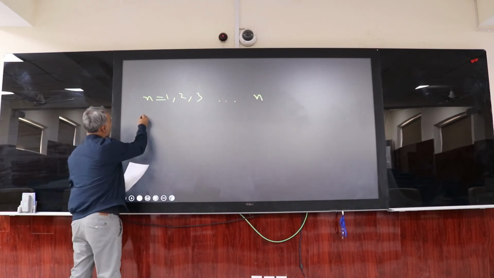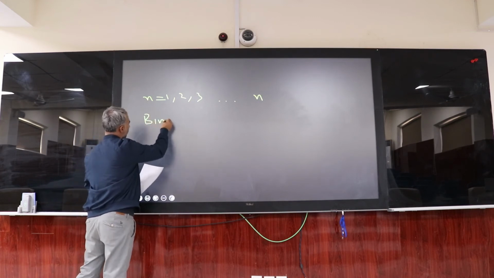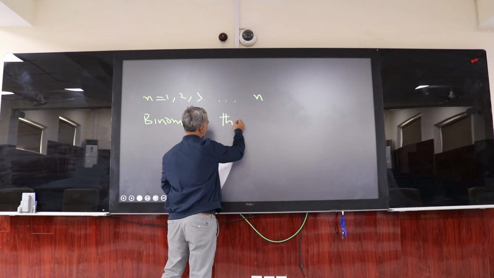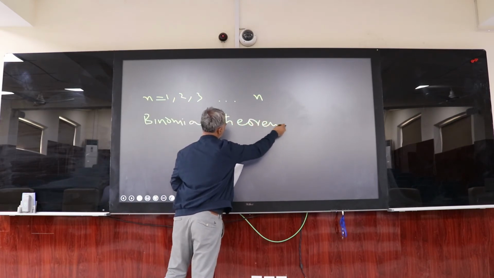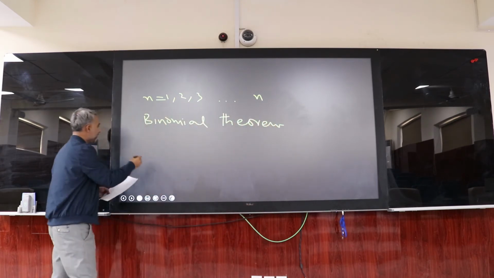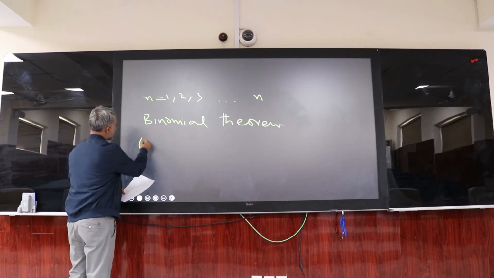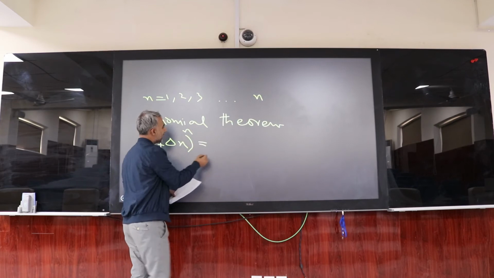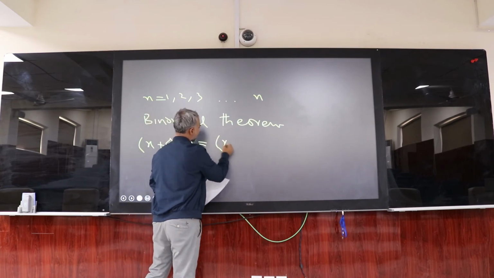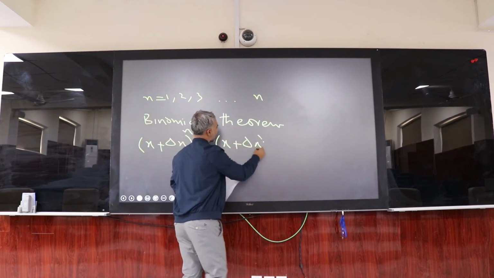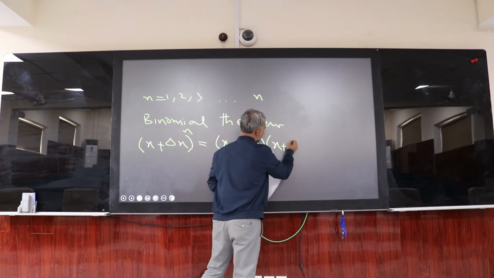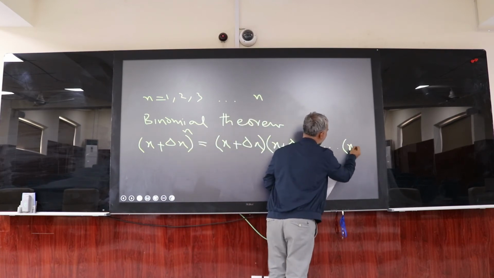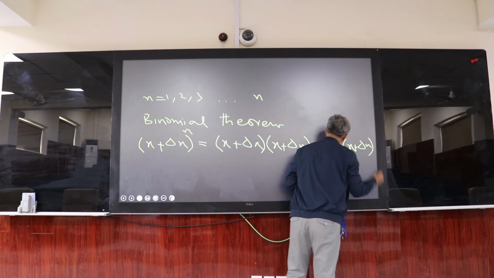By applying the binomial theorem, basically you are factorizing this term (x plus delta x) to the power n. You are writing it like (x plus delta x), (x plus delta x), with n multiples of this term.